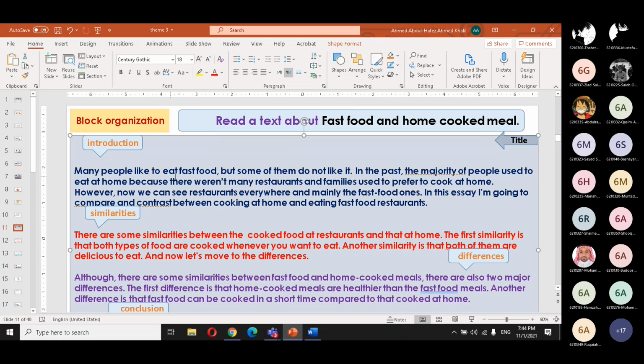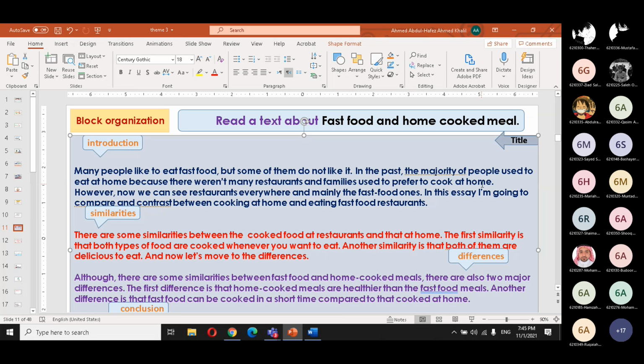Many people like to eat fast food, but some of them don't like it. In the past, the majority of people used to eat at home because there weren't many restaurants, and families used to prefer to cook at home.